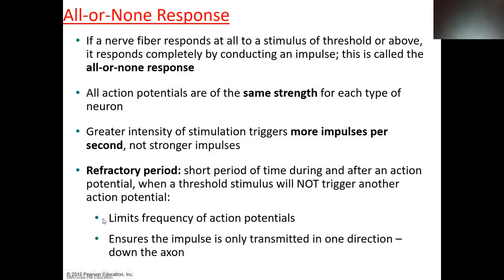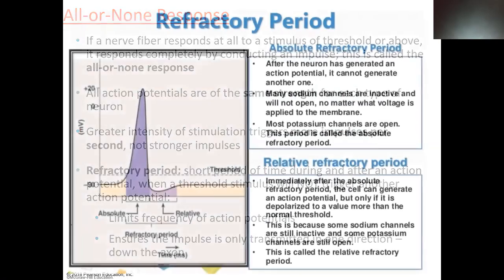If you're always having high frequency action potentials, it would drive you crazy. You wouldn't be able to rest and relax. So this limits the frequency of those action potentials, and it ensures that that impulse only goes in one direction, as we've already said. One direction, down the axon, away from the soma. So that's what the refractory period is going to do.